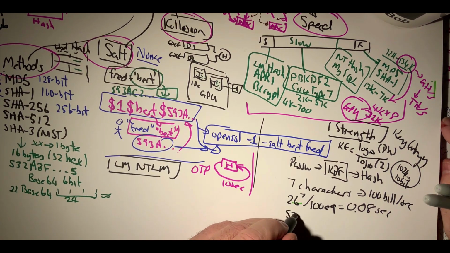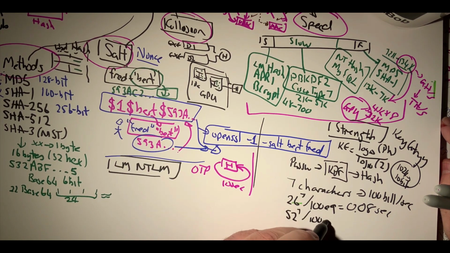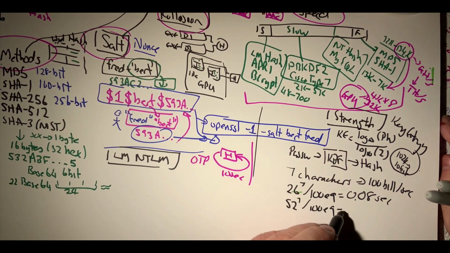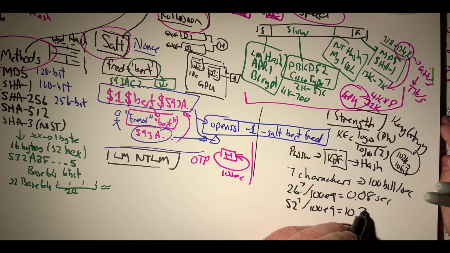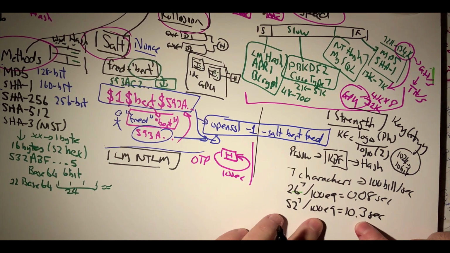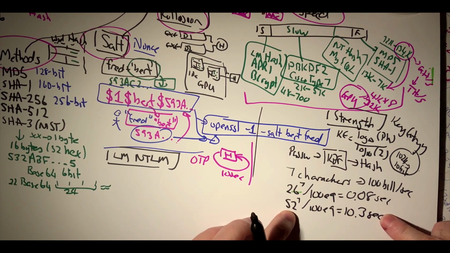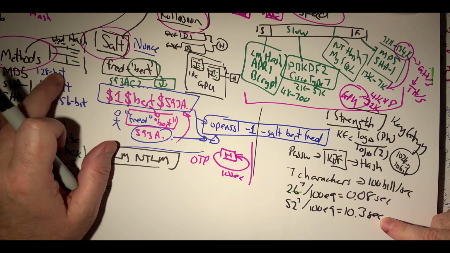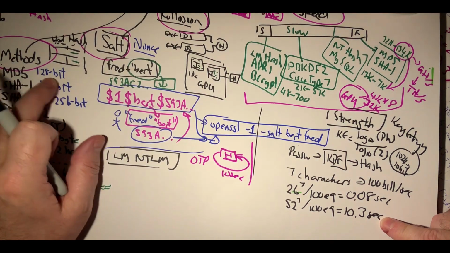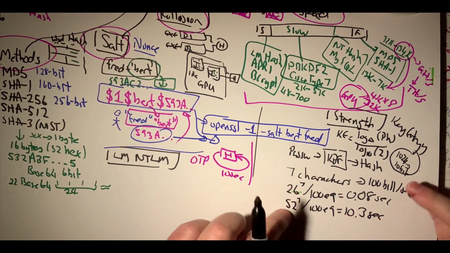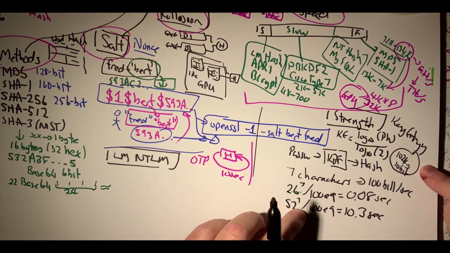If we now go for upper and lowercase, 52 to the power of 7 divided by 100 times 10 to the 9, that's 100 billion hashes per second, then we get a better measurement in that it's now 10.3 seconds to crack all of the hash values. So although we might be using a long hash, we'll probably be reducing it greatly.